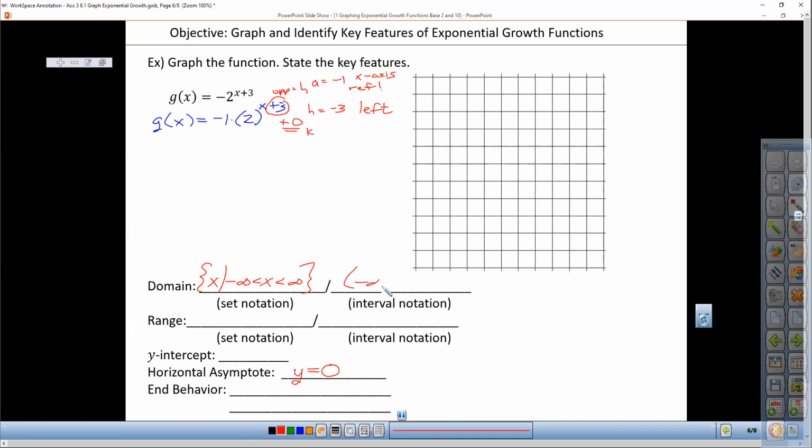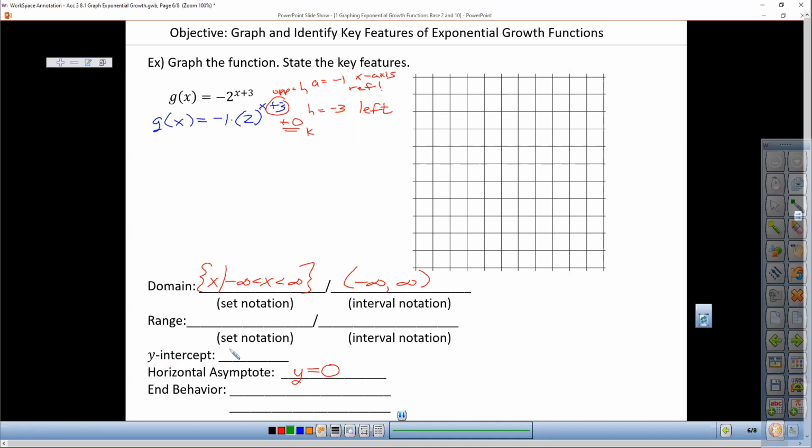And then our interval notation with our parentheses. Range, we're going to leave until the end. Y-intercept, however, we're going to do right now, because sometimes your y-intercept might be one of your key points and sometimes it won't. So you need to always be able to do the math to find a y-intercept to make sure that you have it when necessary.